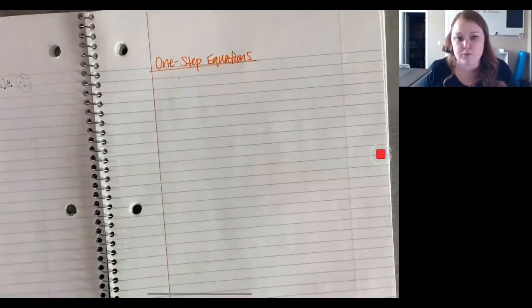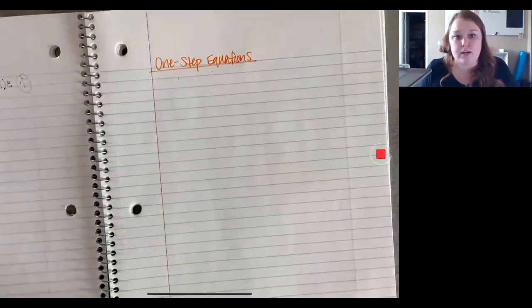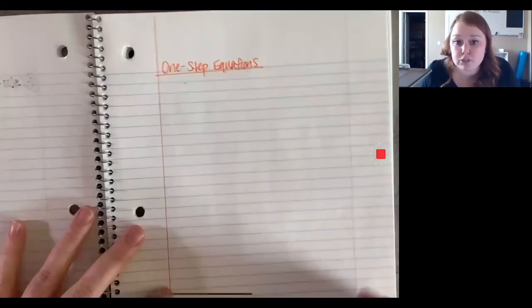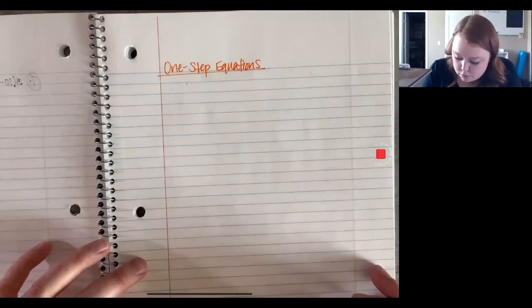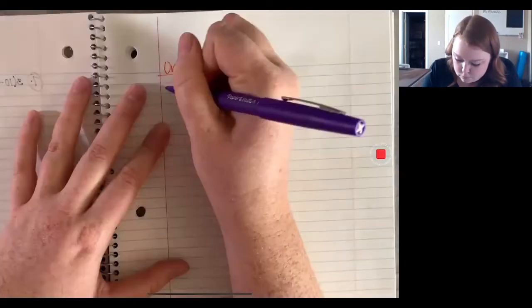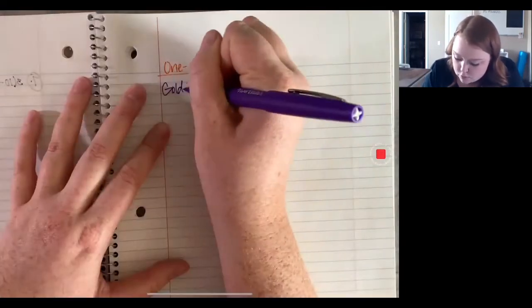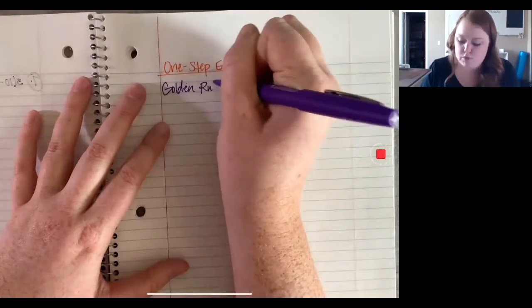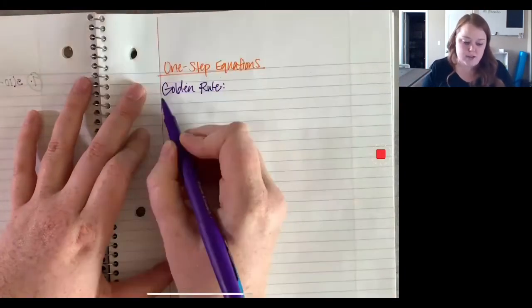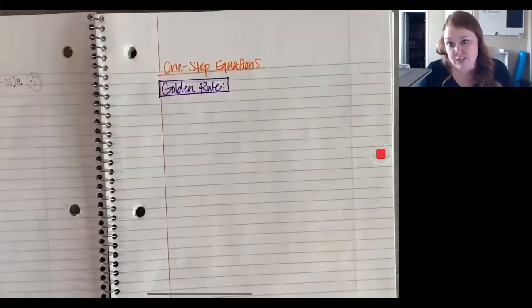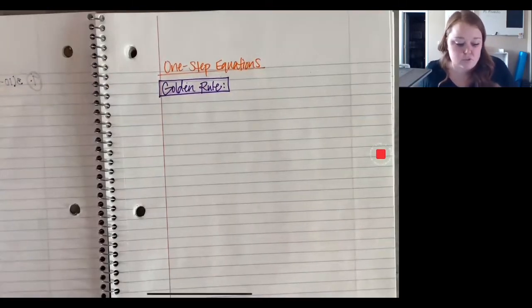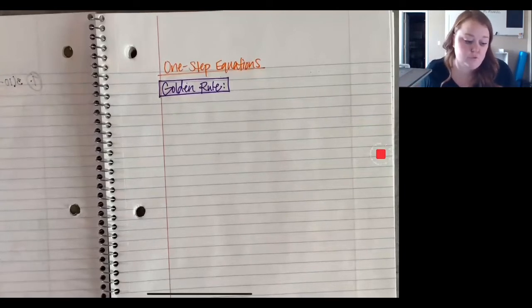So first thing I want in our notebooks is what I kind of consider the golden rule of equations. So go ahead and write golden rule. That means that no matter what type of equation you solve, 1 step, 5 steps, whatever type of equation you solve, you always have to follow this rule, okay?